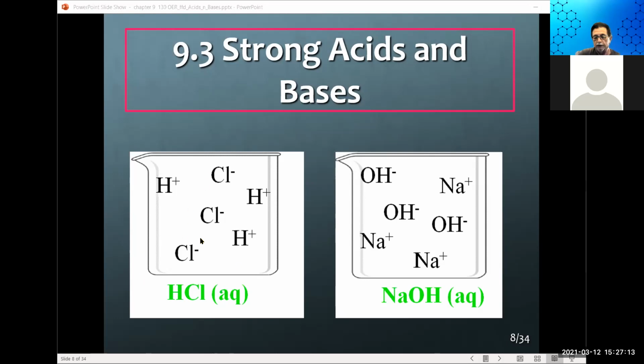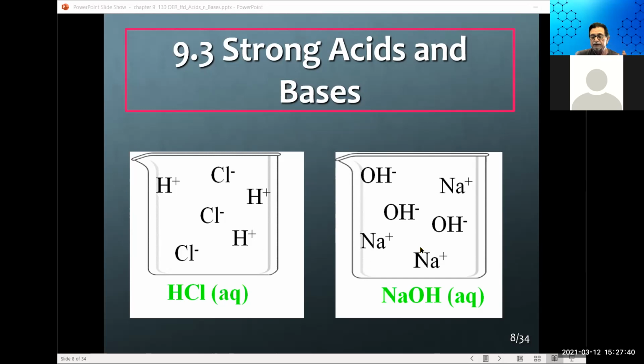Here I got 3 pairs. Got 3 chlorides and 3 protons. So I would draw it as follows, making sure that I have the respective charges on the ions themselves. Notice that none of these are still together, they're separated. Everything's separated, that means 100% dissociation, strong acid. I know it's an acid because it has protons in solution.